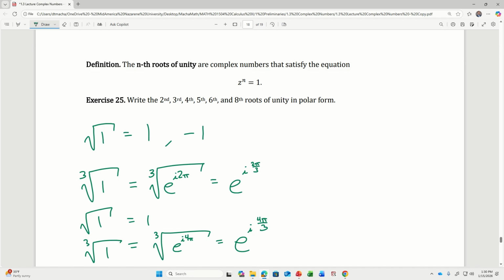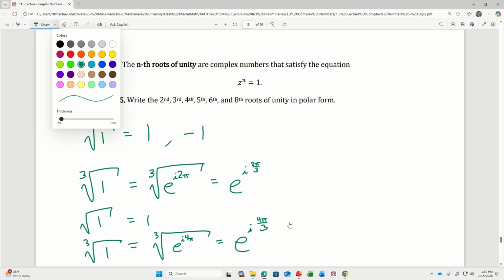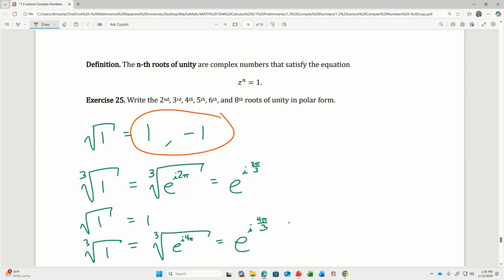And if you don't see it already, the reason this works is because 1 is the same thing as e raised to the power i, and then any multiple of 2 pi, because 2 pi is a full rotation. So every time I rotate 2 pi around, I get back to the number 1. And so there are 2 square roots of the number 1, but there are 3 cube roots of the number 1.